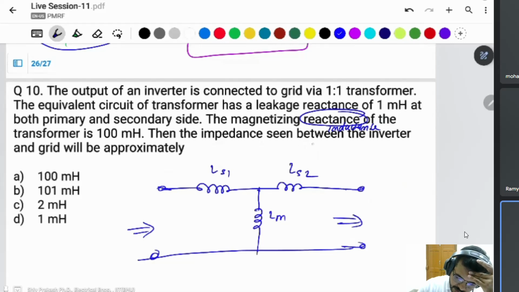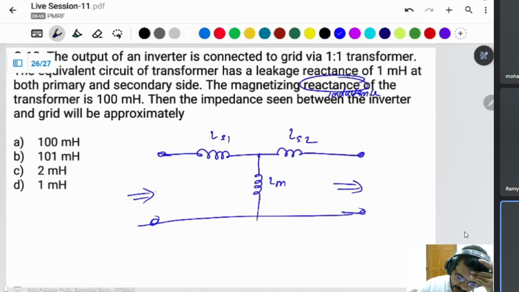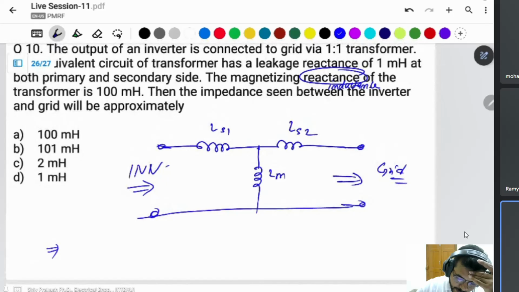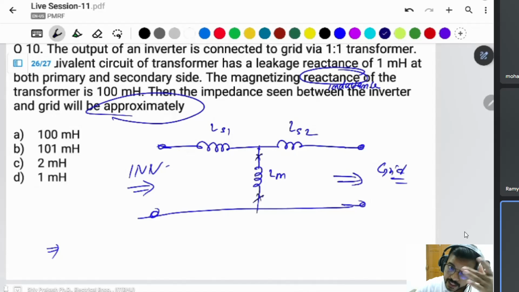Then the impedance in between the inverter and the grid. There is an inverter, there is a grid. Approximately, you can simply disconnect the magnetizing branch, because it provides a very high impedance to the circuit.